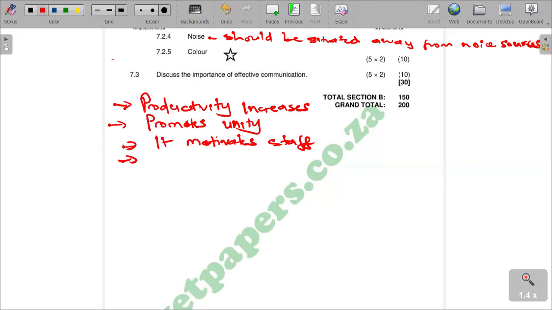And then you can also find that effective communication also promotes a better understanding of the organization.